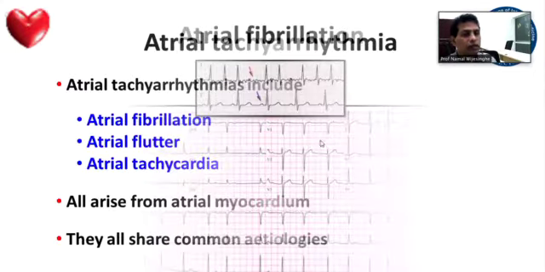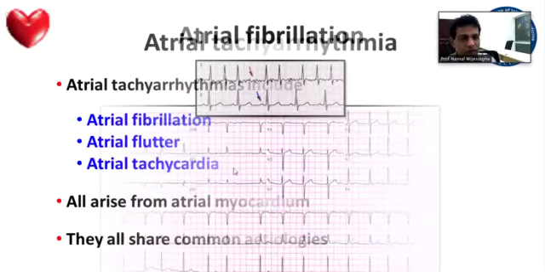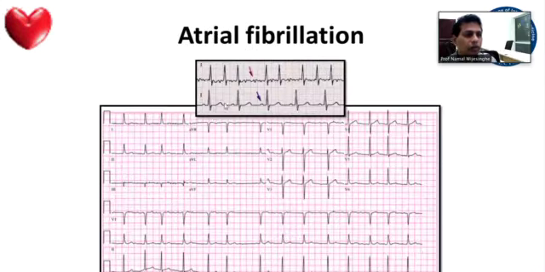Now this is another ECG that you should be able to diagnose. You diagnose atrial fibrillation by finding these small fibrillatory waves in the upper panel. The red arrow points to the fibrillatory waves, which we call simply F waves, as compared to the purple arrow, which indicates a P wave.